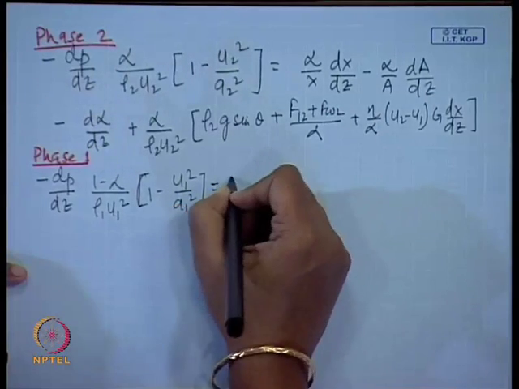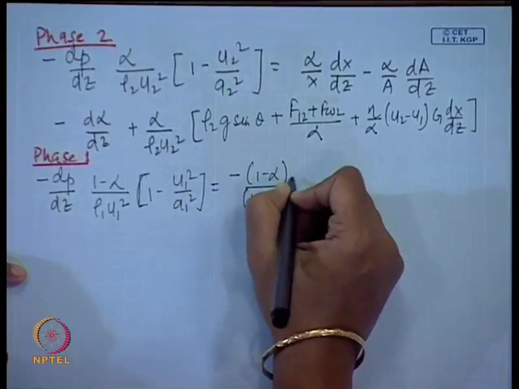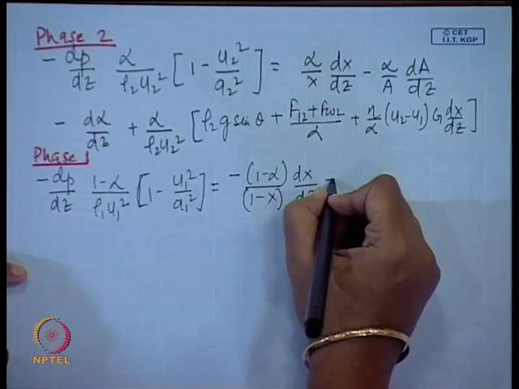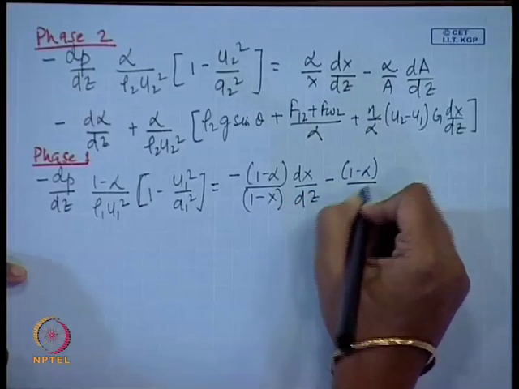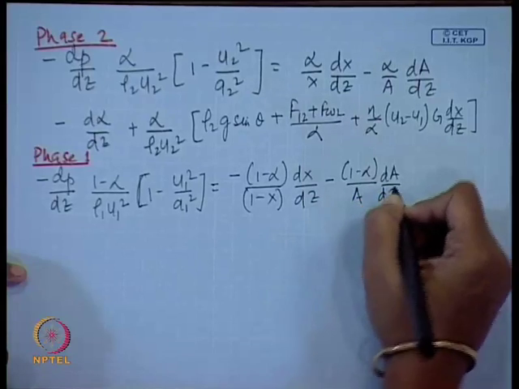This is equal to minus 1 minus alpha by 1 minus x. Do it very carefully. Instead of looking from me, you can write down from the expression which you have derived in your notebook. That will be easier for you.